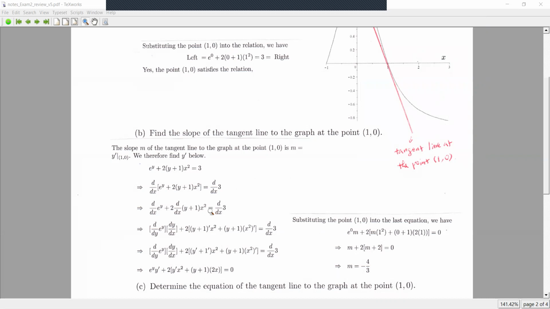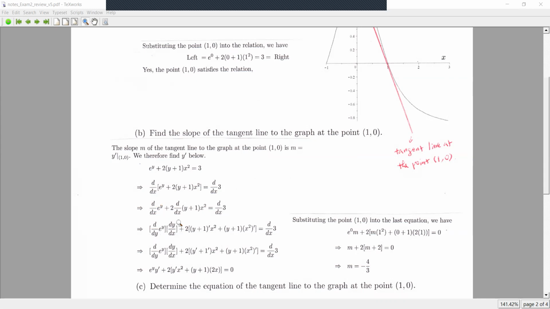This equation contains 3 derivatives. To compute the first derivative, on e to y with respect to x, we use the chain rule. By the chain rule, we can write this derivative as the product of these two derivatives.